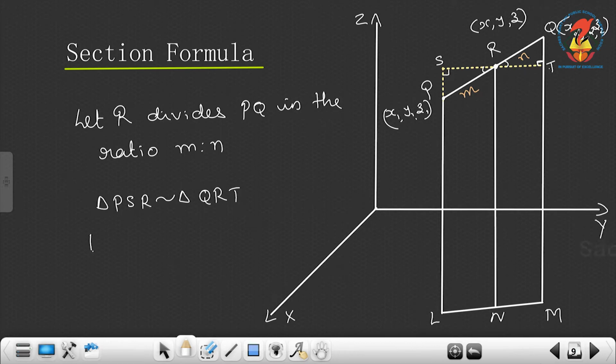So here we write PR by QR. PR is m and QR is n.